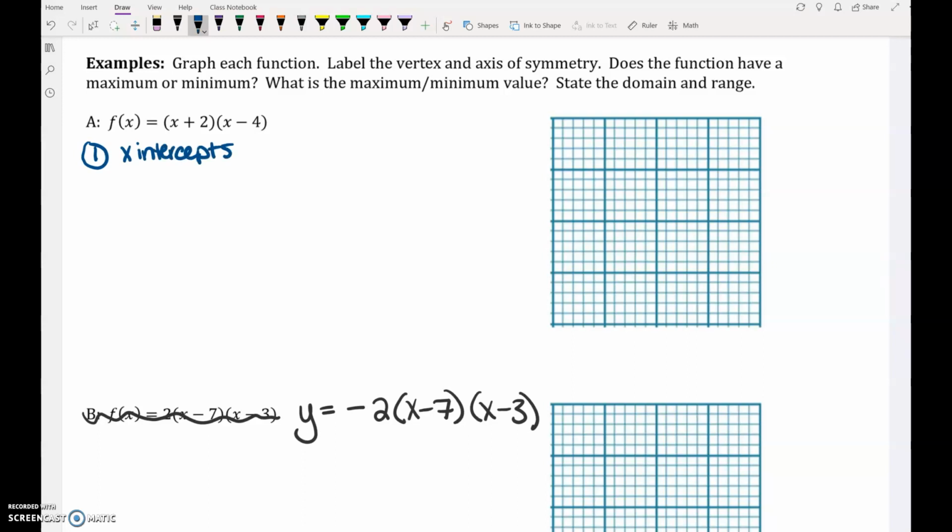Anyone want to take a guess what the x-intercepts are for this graph? -2 and +4. The opposite of what you see in the parentheses. Anything inside the parentheses with the x is backwards, opposite, just like with vertex form. So on our x-axis, we can put a point at -2 and at +4.